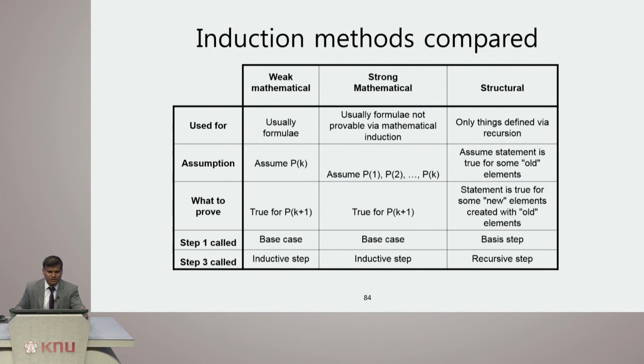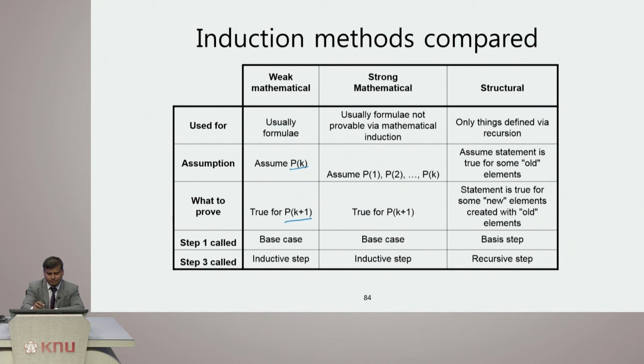We assume P of k and then prove P of k plus 1 is true. Initially we have the base case, and then step 3 is the inductive step. Strong mathematical induction is usually used for formulas not provable via basic mathematical induction, which is very hard to use there.